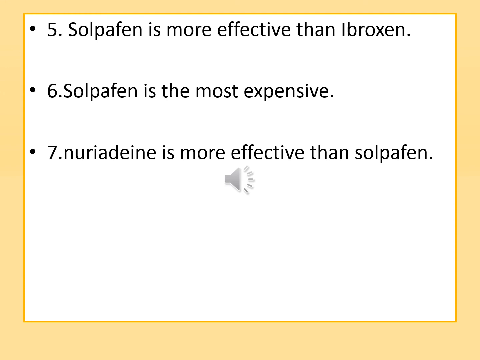Sulpafine is more effective than ibuprofen. Also here we use comparative adjective because we make comparison between two things. While in number 6, Sulpafine is the most expensive. Here we have superlative adjective because the comparison here is between more than two things.